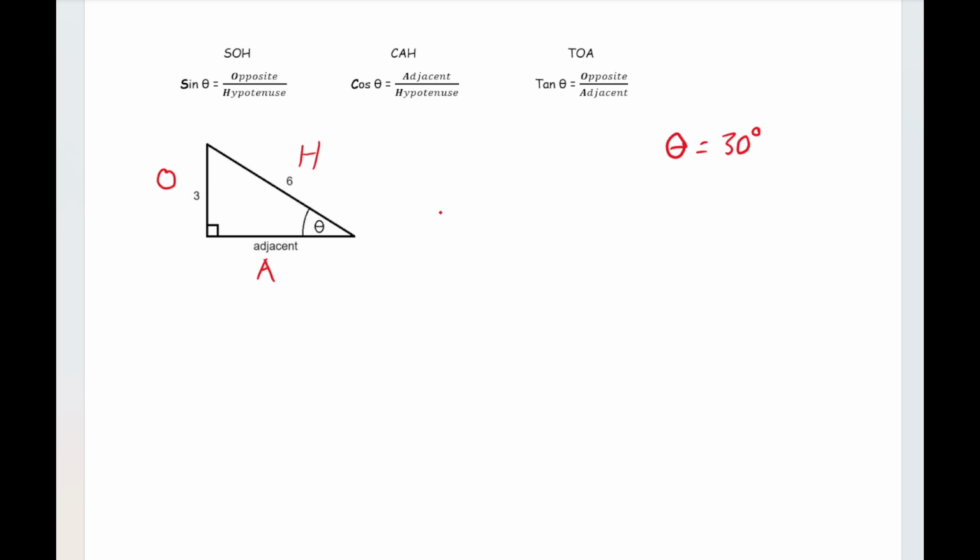So now we know our degrees. I'm going to write this out. Cosine of 30 degrees is equal to our adjacent side, which is our unknown value, A, divided by our hypotenuse H, which is 6. All right, so this looks a lot easier. To get our A by itself, we just need to multiply both sides by 6 to bring it over here.